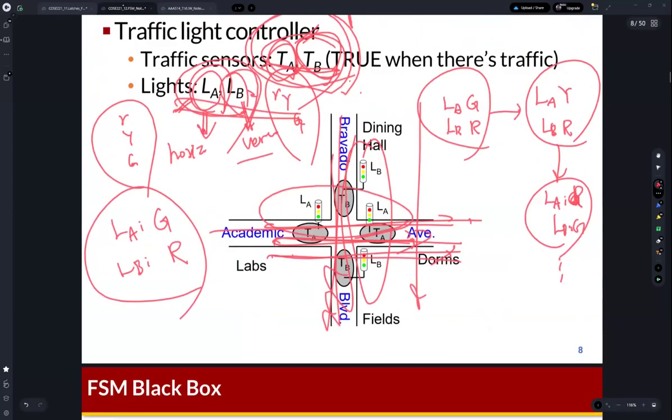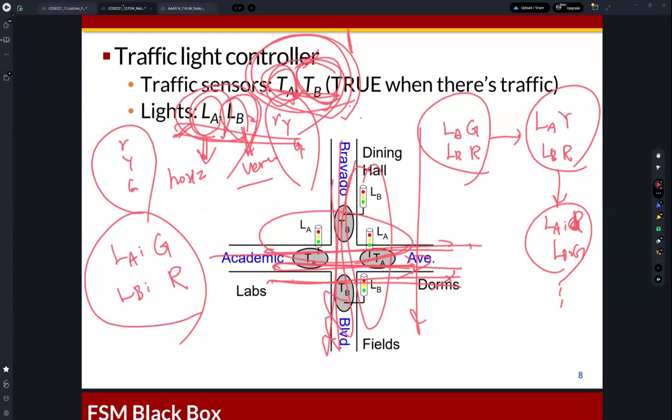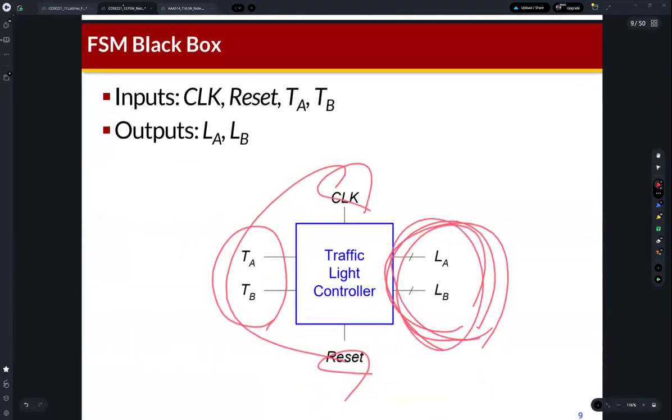So this is the system, okay? And then we need to define output values, LA and LB, right? There are 3 different values: green, yellow, red. It's a traffic light.